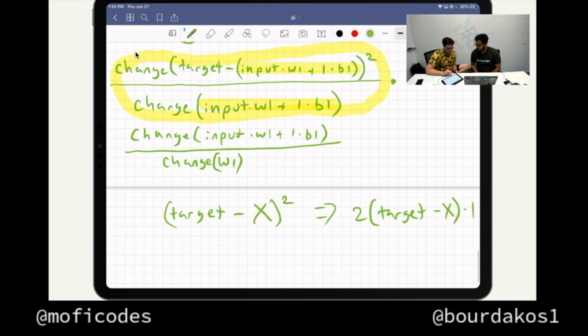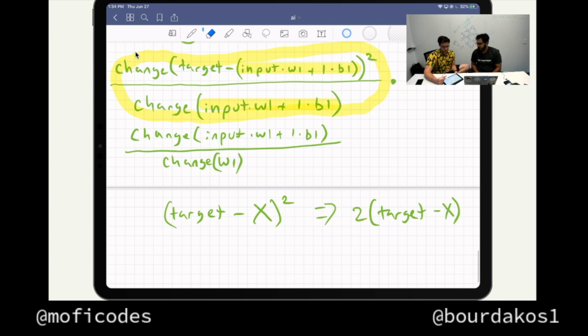And then we need to multiply it by the derivative of this inside, which, target is just a constant, so that becomes 1. And then shouldn't it be negative 1? Yes. Okay. But I think it ends up we don't care about that because we want the negative of the cost function. So it's negative, so on.